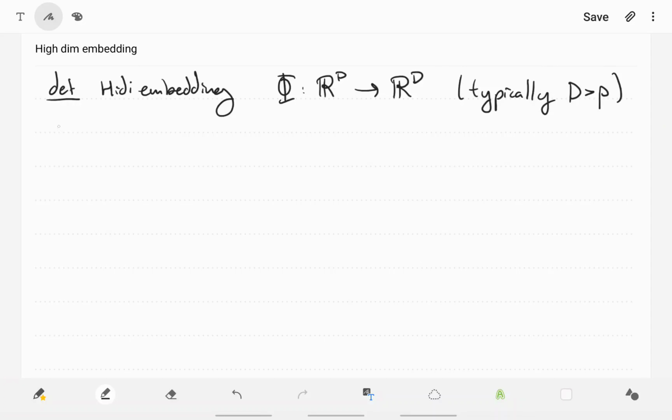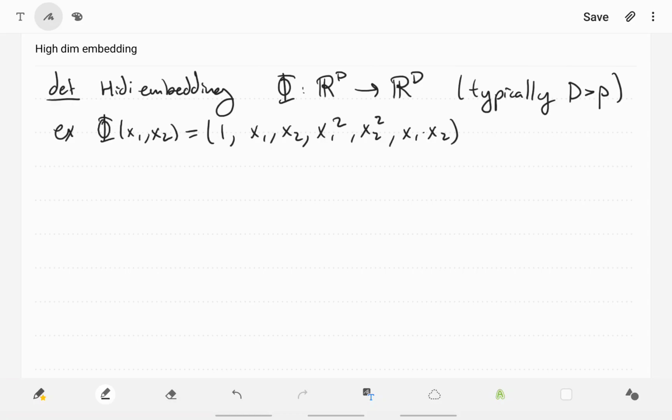So an example is that phi of (x1, x2) is equal to the vector (1, x1, x2, x1 squared, x2 squared, x1 times x2).